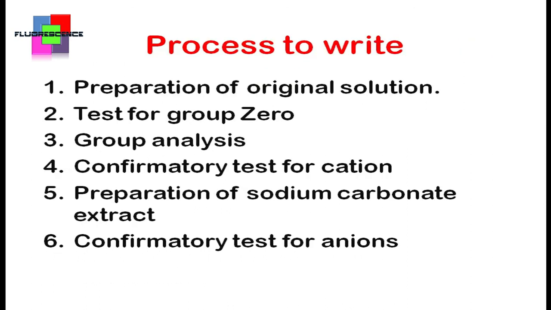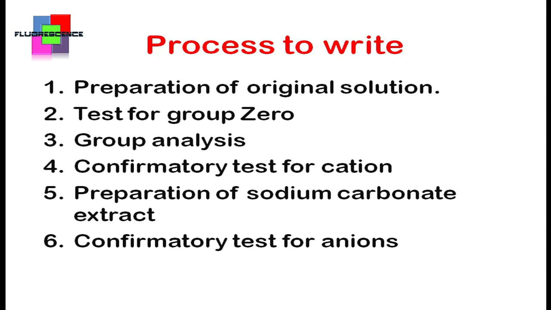Now this is something that you will write. Remember, what you are writing is very important because that will be evaluated. So first of all, you will write the preparation of original solution. Then you will write the test for group 0. After that, you will write the group analysis table. Now you will write the group analysis table till the group where you get the observation.